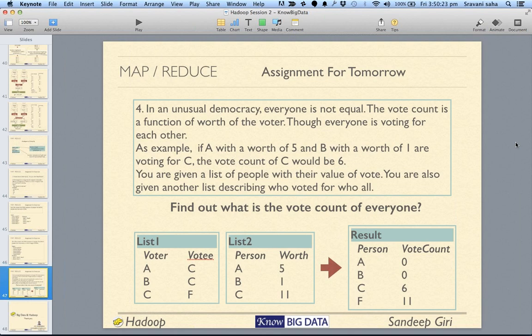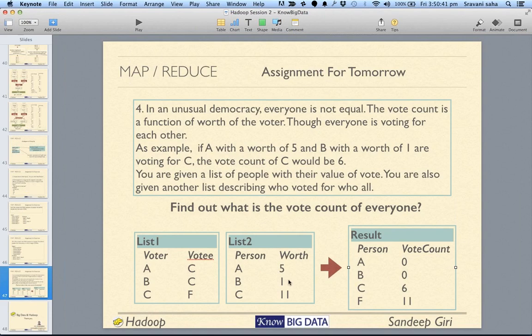Sounds good to you? Is this question clear to you? So what you need to do is, given list 1 and list 2, given the worth as well as who voted for who, you need to tell me the vote count at the end of the whole election process.